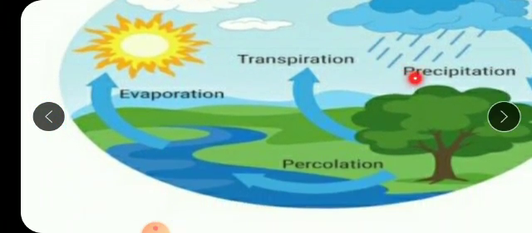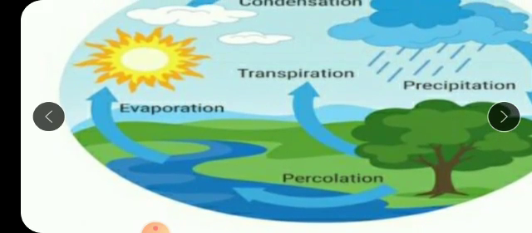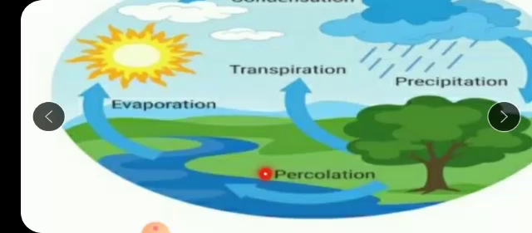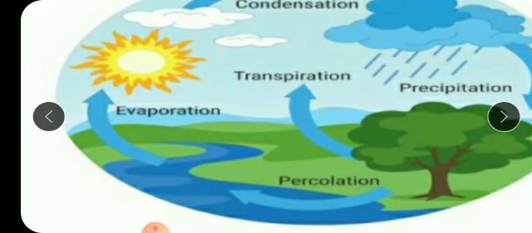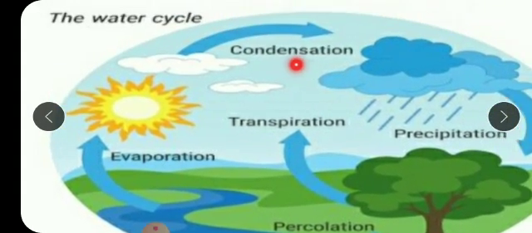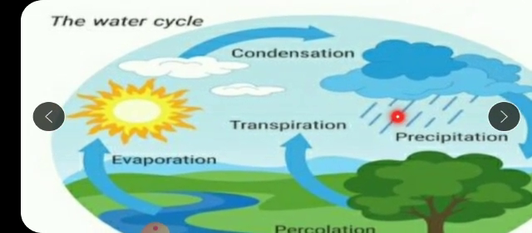So this rain water goes on the surface of the earth, and the same water again continuously gets boiled up, gets cooled down, and again we get water in the form of rain.